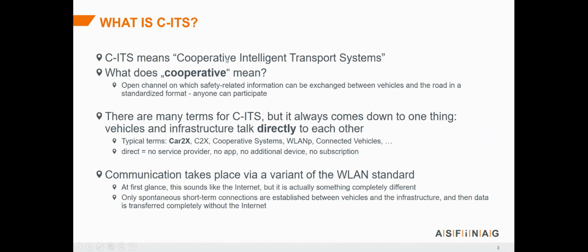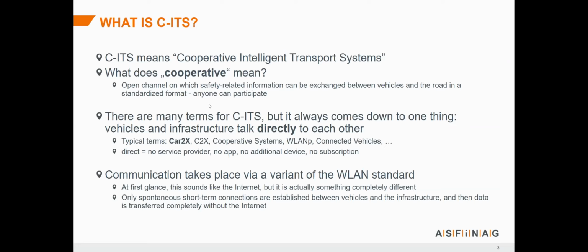CITS means Cooperative Intelligent Transport System. So why cooperative? It means that you have an open channel, and via this open channel you exchange safety-related information and other information, but in the first step mainly safety-related information between the vehicles and all the participants, all the stakeholders, if you want to put it like that.